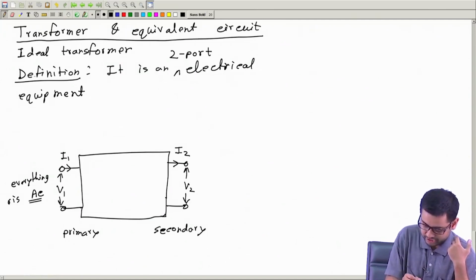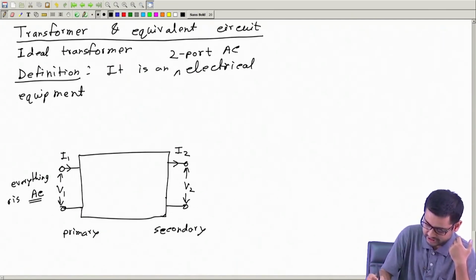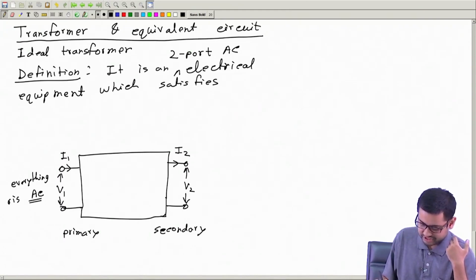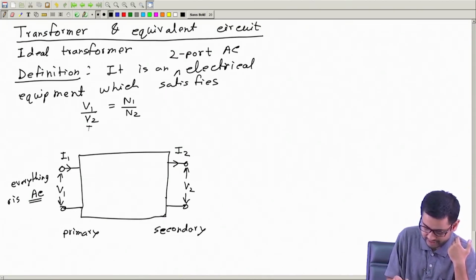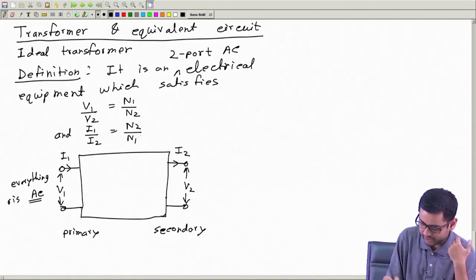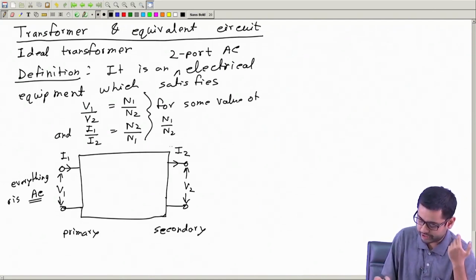Okay, now the definition of an ideal transformer is that it is such a two-port AC electrical equipment which satisfies the relationship between V1 and V2 like this: V1 by V2 is equal to N1 by N2, and the relationship between I1 and I2 like this: I1 by I2 is equal to N2 by N1, for some value of N1 and N2.